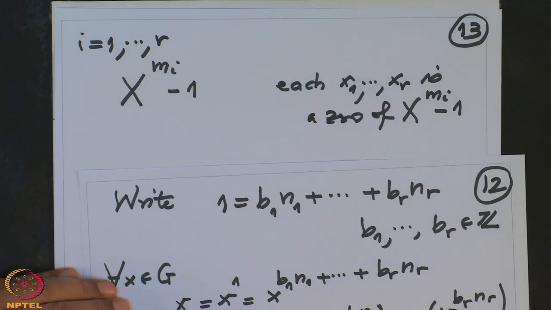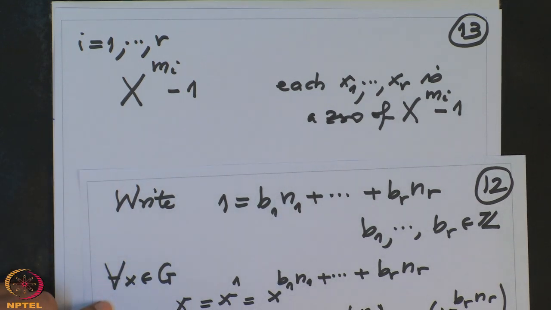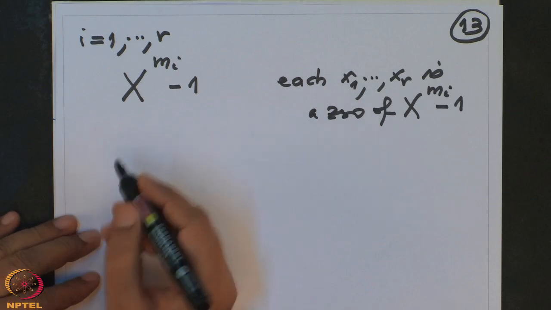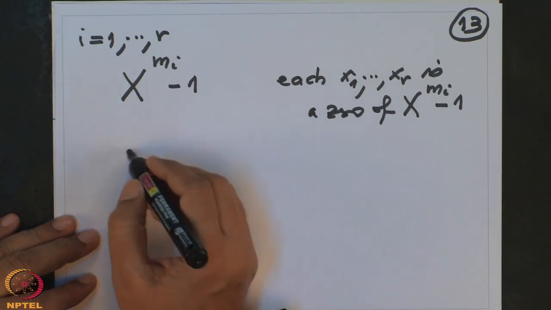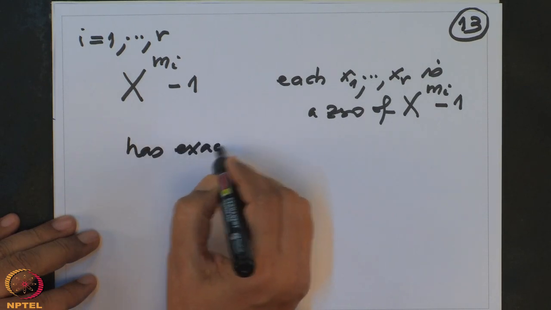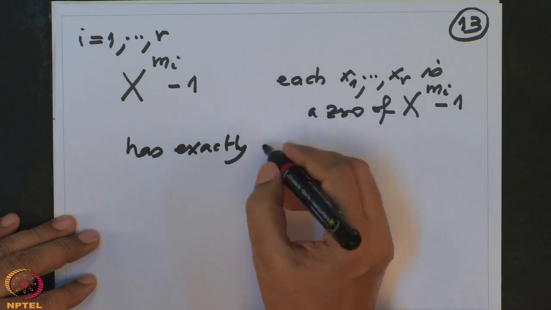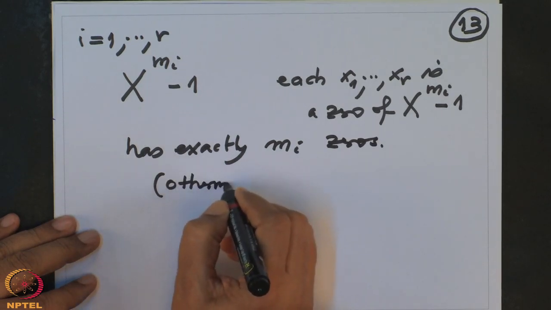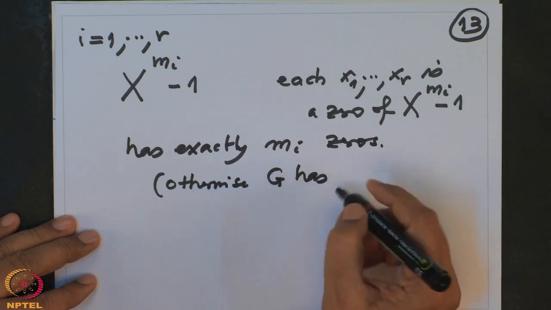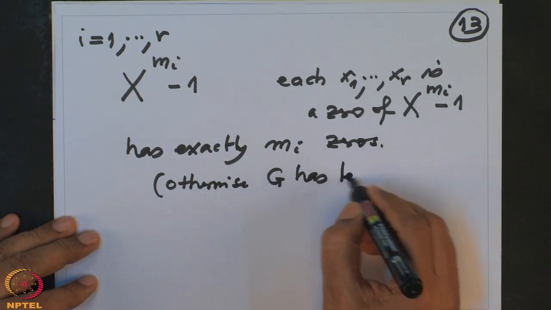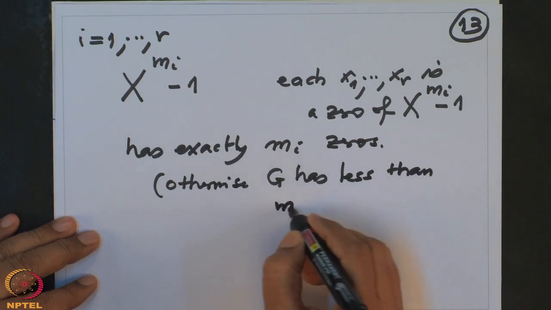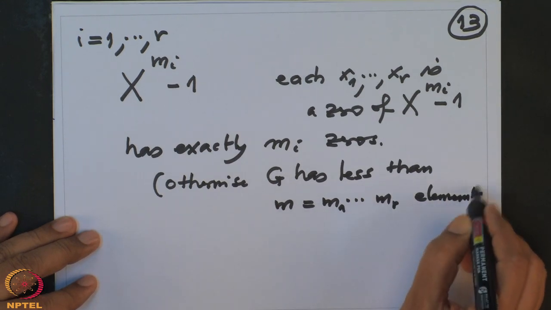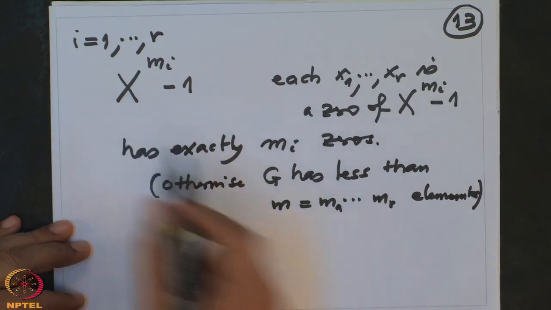If the number of zeros of this polynomial is less than mi, then these components are fewer, so by a cardinality argument G will have fewer than m elements, where m is m1 to mr. So therefore this polynomial has exactly mi zeros.